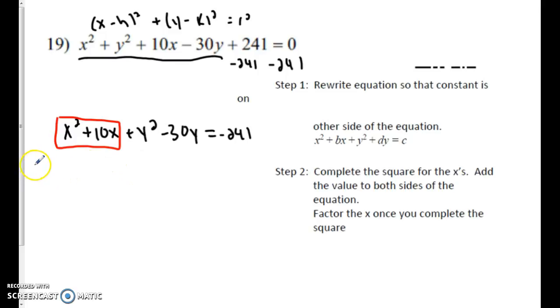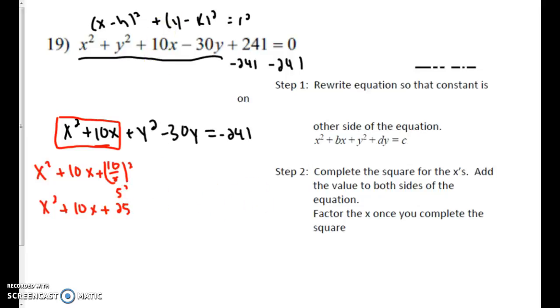If you guys remember, to complete the square, I'm taking the middle term, my 10, and dividing it by 2 and squaring it. So I have x squared plus 10x plus 10 divided by 2 is 5 squared, which is 25.